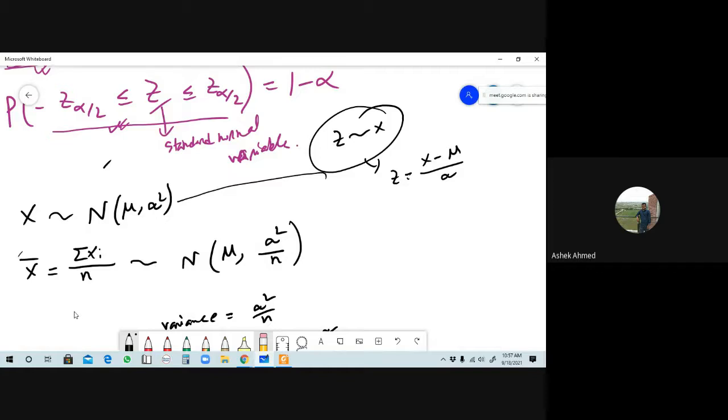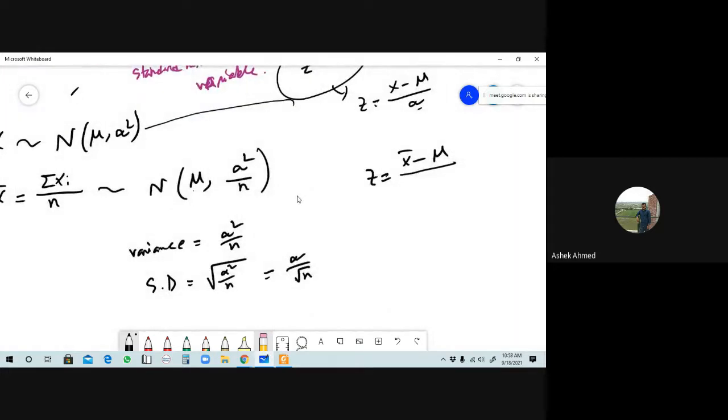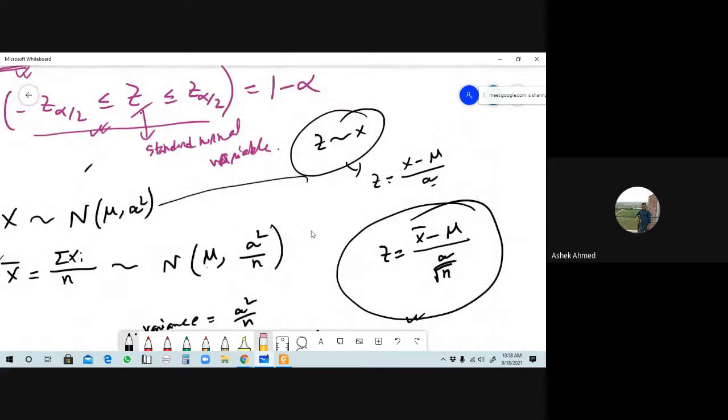Since in this case the sample mean is a normal variable, the relationship between z and x bar will be: Z equals x bar minus mu divided by the standard deviation, which is sigma by root over n. This is the relationship between z and x bar. So we will substitute the value of z into this inequality.